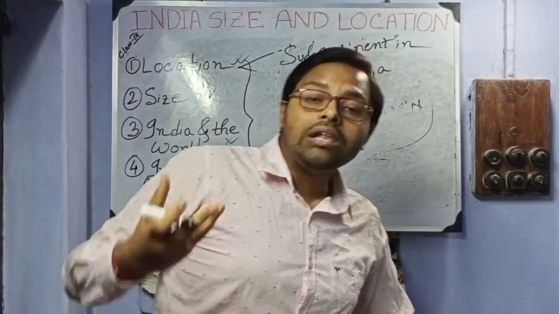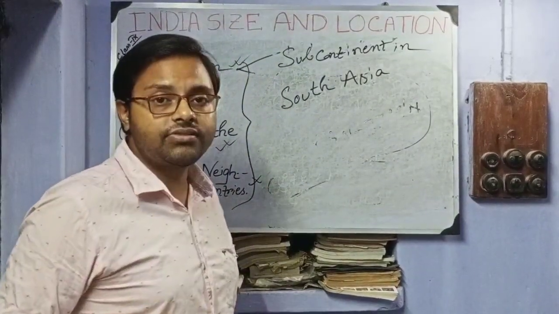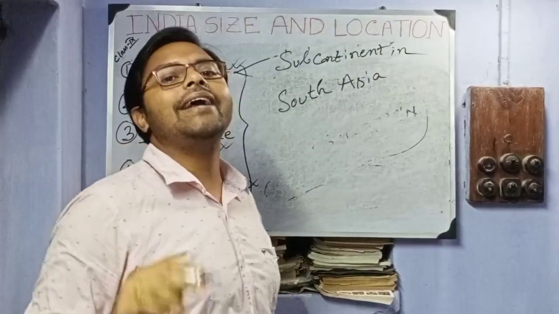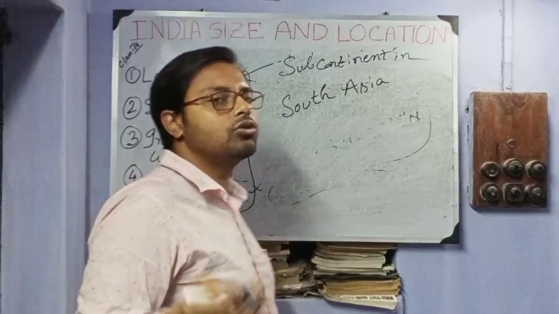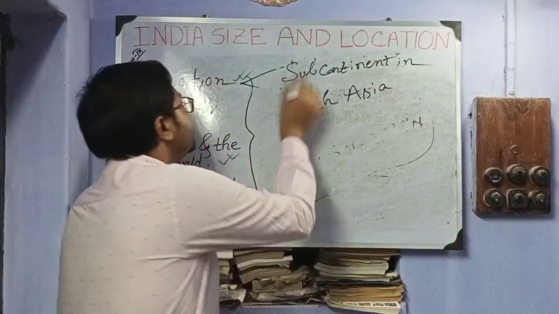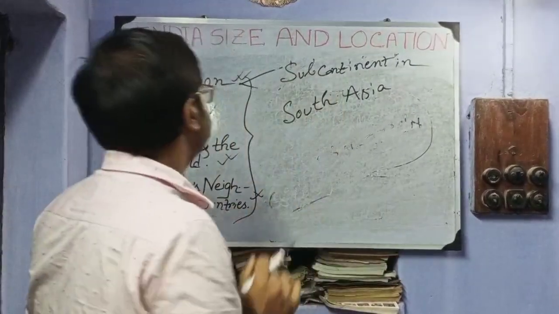Because of its large area and its strategic location. What is the strategic location? It is bounded by ocean on three sides. That's why India is also known as a peninsular land. This is the basic location of India in this chapter.